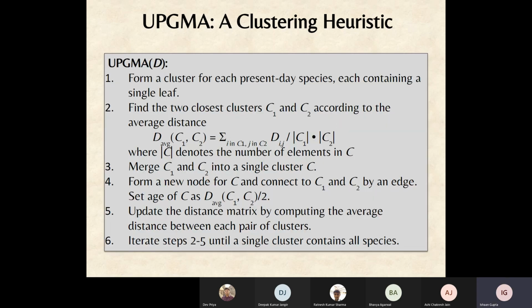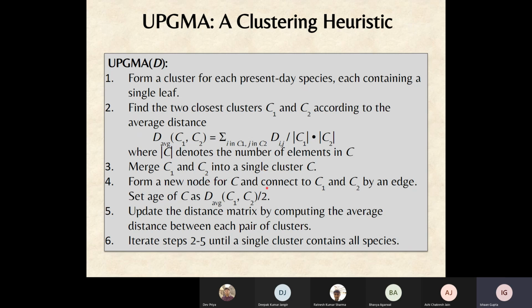So the idea is you form clusters of present-day species, each containing a single leaf. You find the 2 closest clusters. You average the distance of these clusters, obtain the internal node, and distribute the distance of this internal node. Then you merge clusters C1 and C2 into a single cluster.